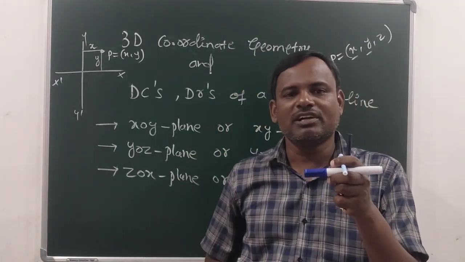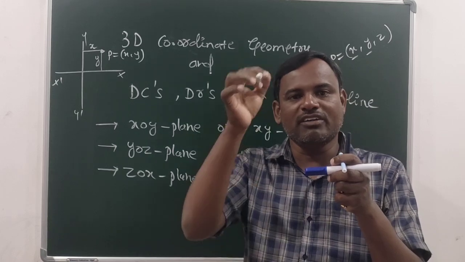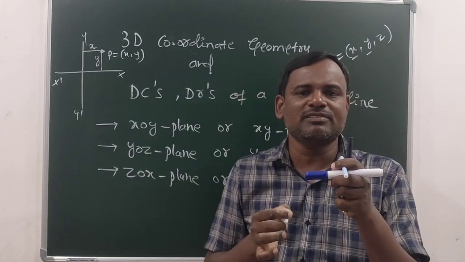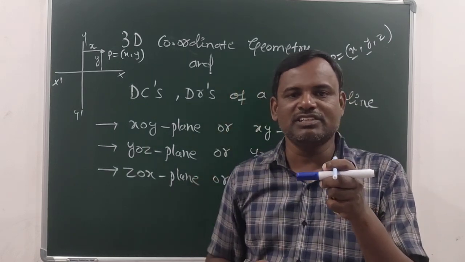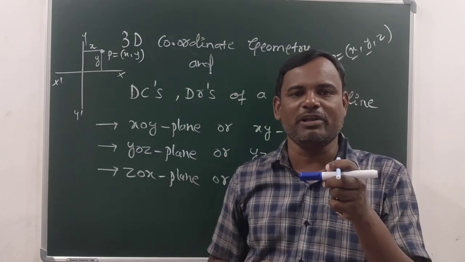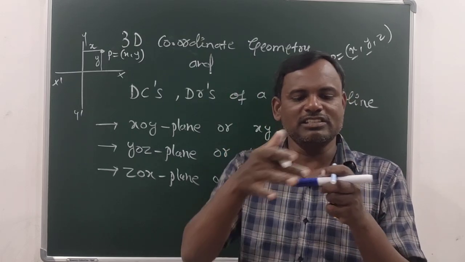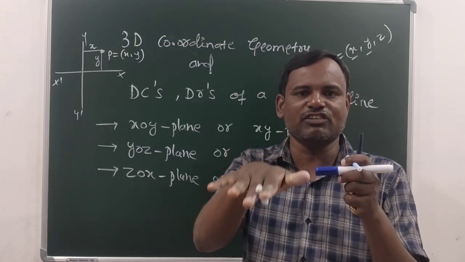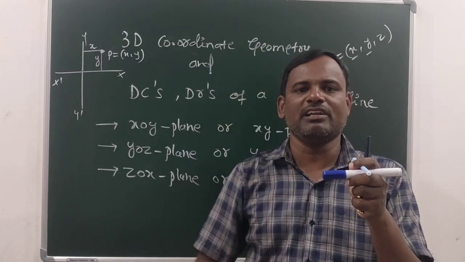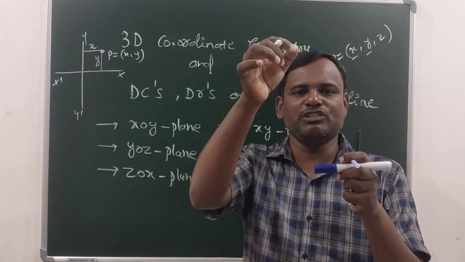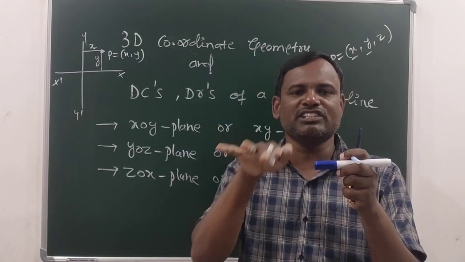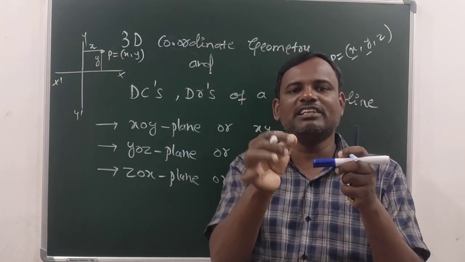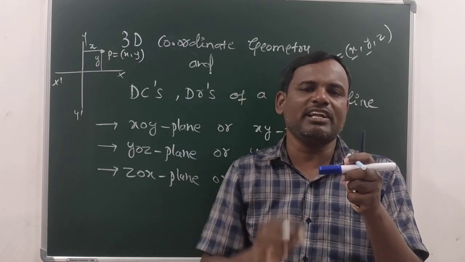Tell me, what is the z coordinate of a point which is located in space? The perpendicular distance from that point to the xy plane. Where is the xy plane? This is the x axis, this is the y axis. This is the xy plane. Now drop a perpendicular from this point onto the xy plane. So this length is called the z coordinate of that point.